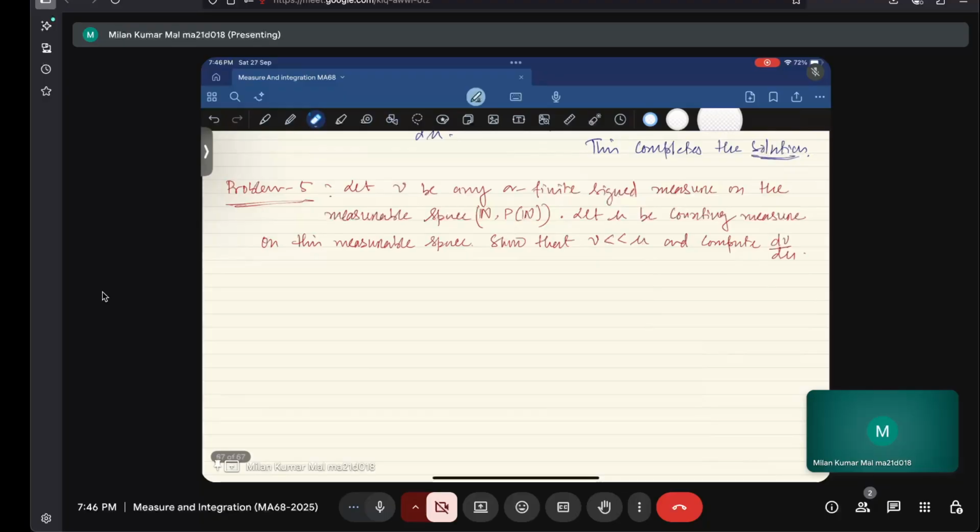And consider mu as the counting measure. So basically it is saying that any sigma finite measure must be absolutely continuous with respect to the counting measure.